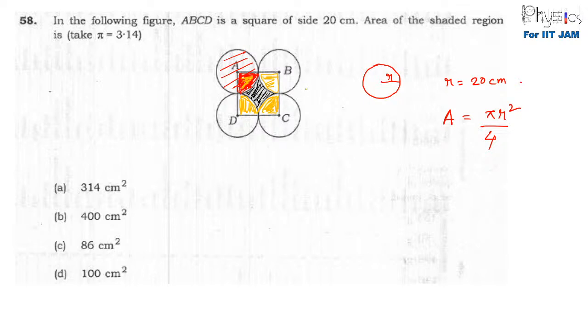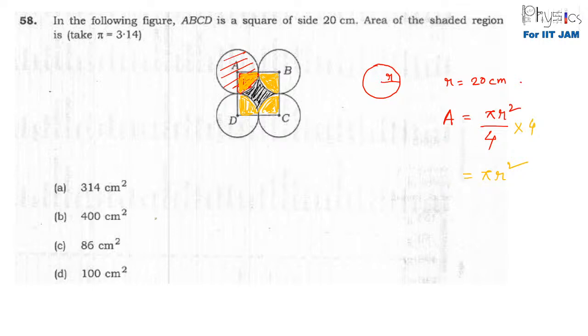That means the total area of this yellow shaded region is equal to pi r square by 4 multiplied by 4, that is again pi r square, right?